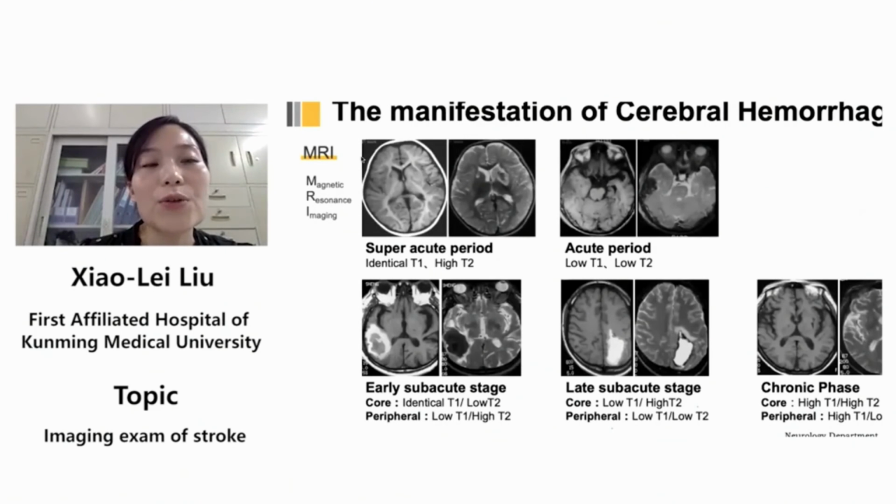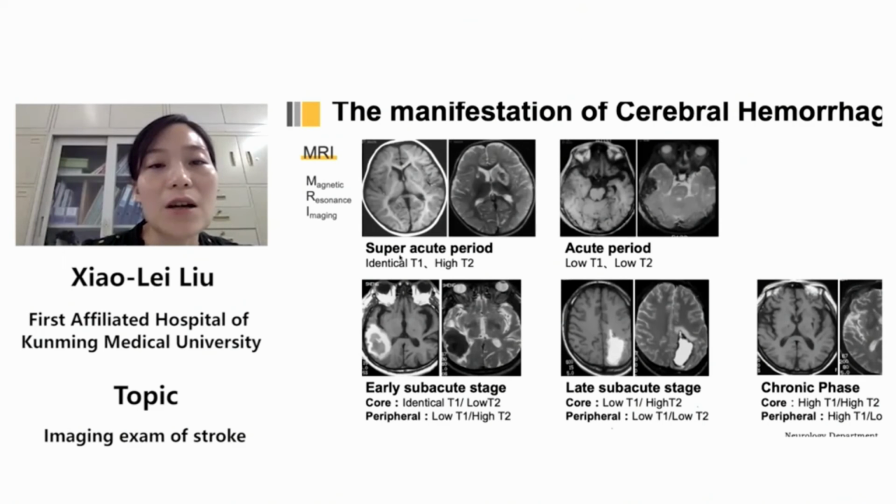If we use MRI to detect the hemorrhage, it's not so easy for us because the manifestation of cerebral hemorrhage in MRI is different in the different periods.